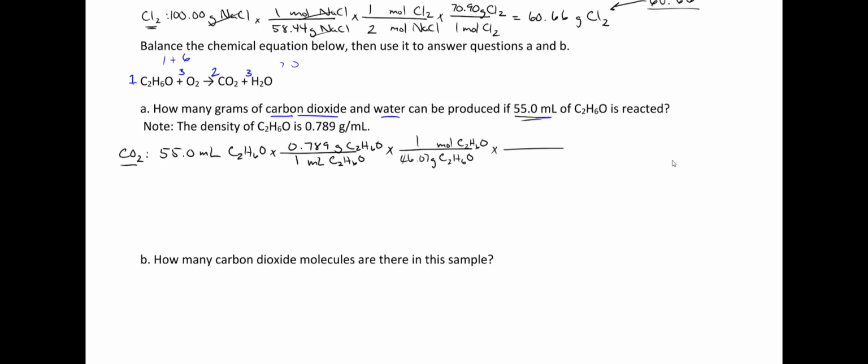Now we want to do what? We were trying to get to carbon dioxide here. So we simply go ahead and say, well, every 1 mole of ethanol makes 2 moles of carbon dioxide.